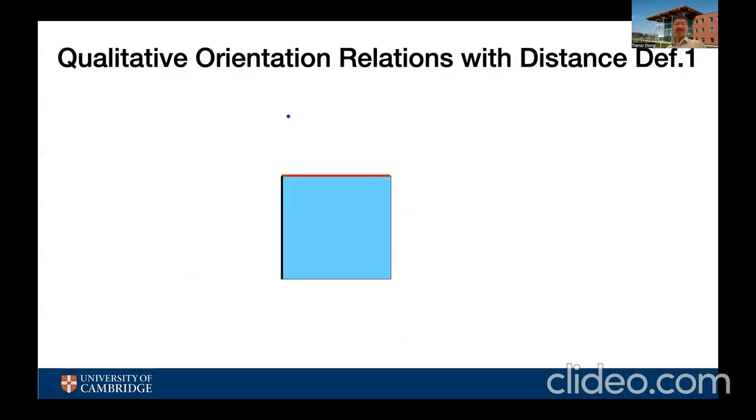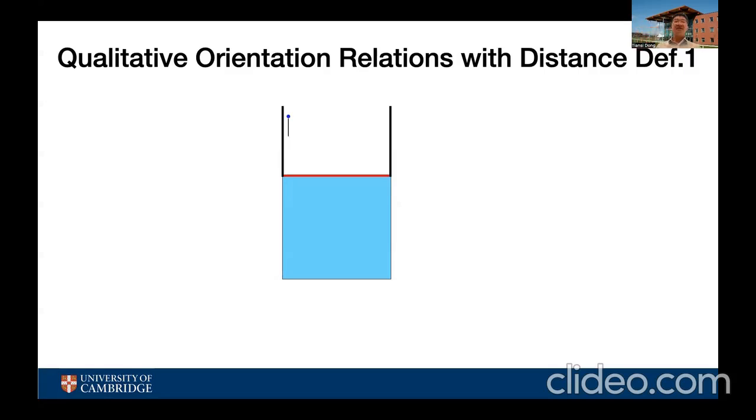Let's say the reference is a square, and the definition is definition 1, meaning the distance between a point and the segment, the sides, is the shortest distance. This means all points in this area between the two black segments are closest to the red segment.